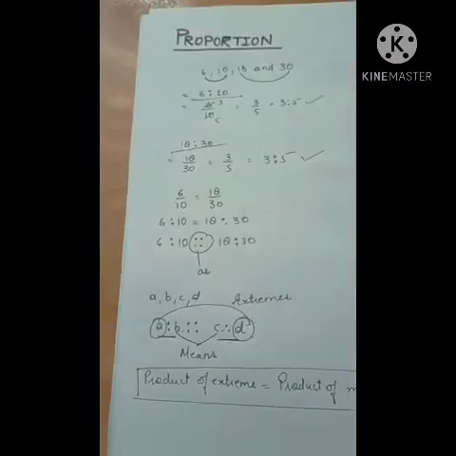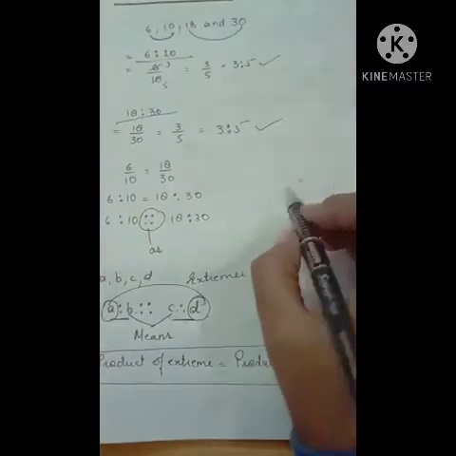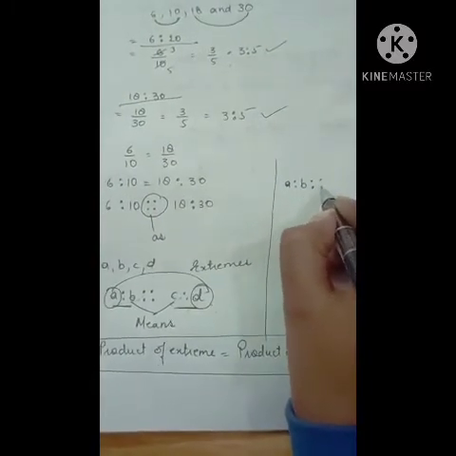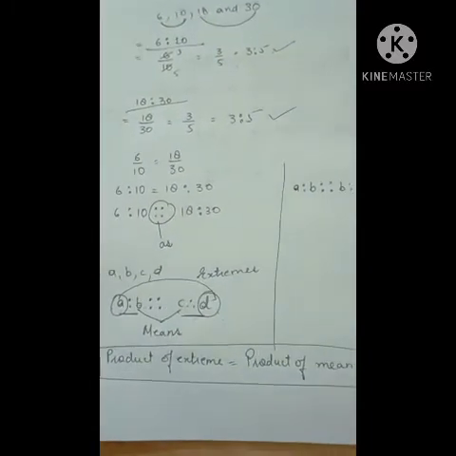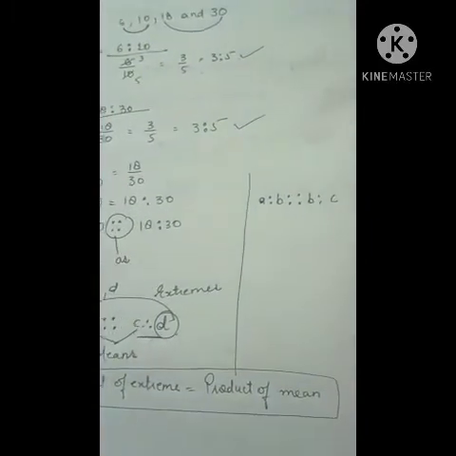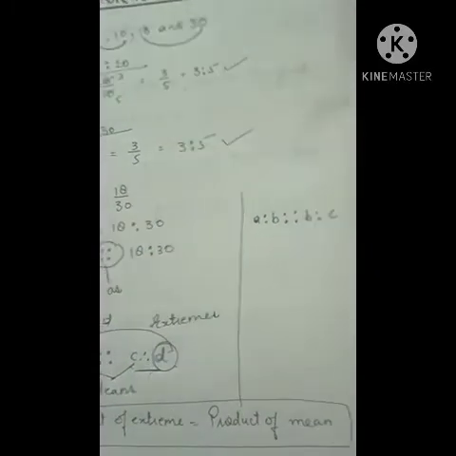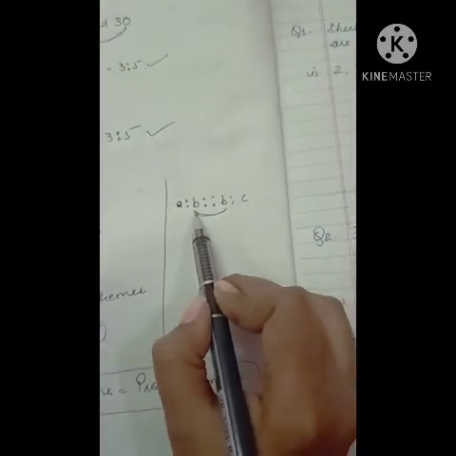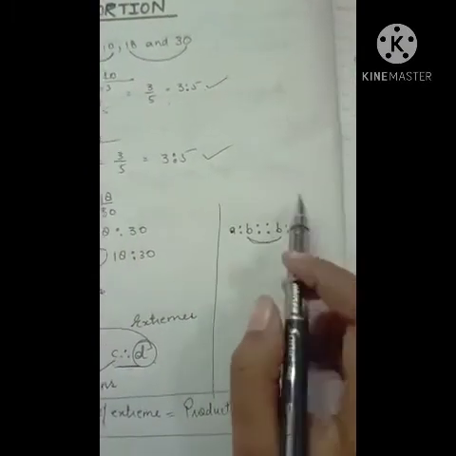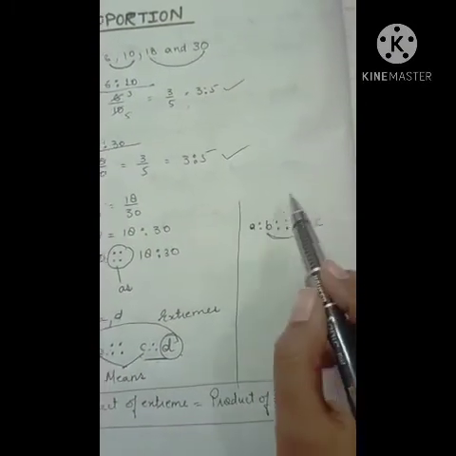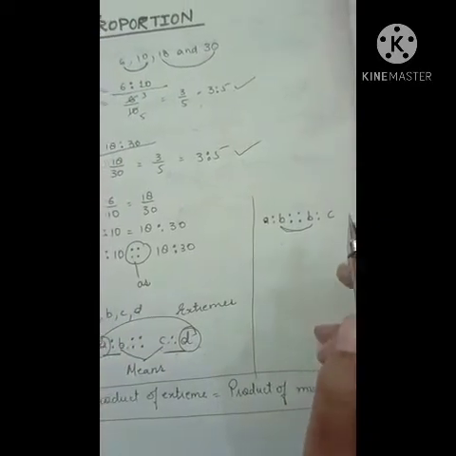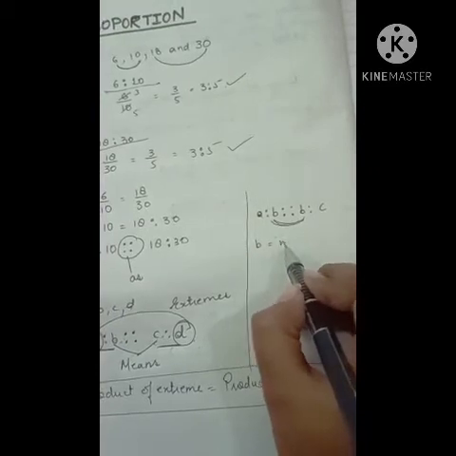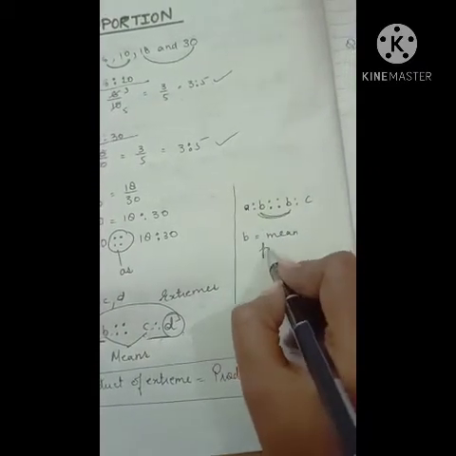Okay. Now if I take the ratio like this, A is to B as B is to C, then this ratio is said to be in continued proportion because here the mean terms are the same, right? And here B is called the mean proportional.